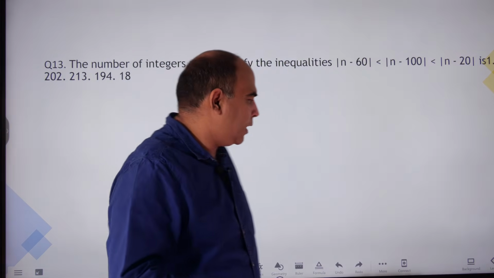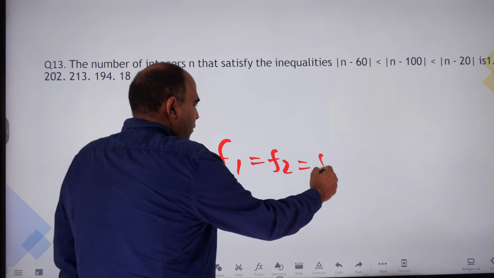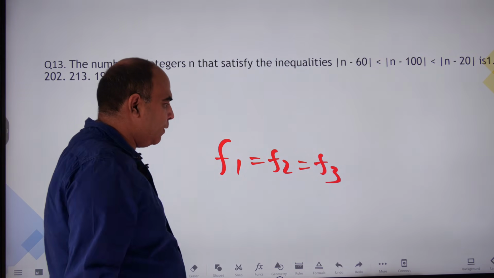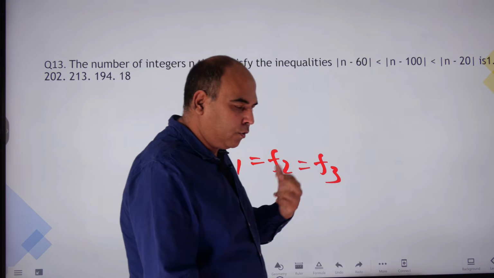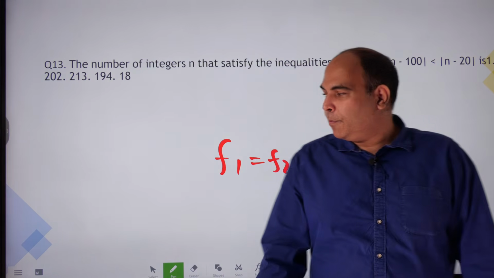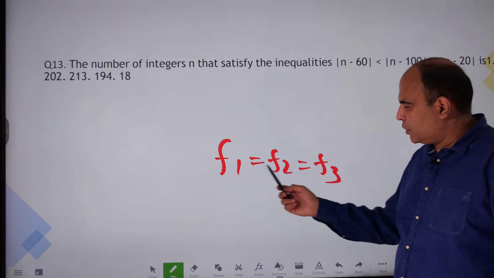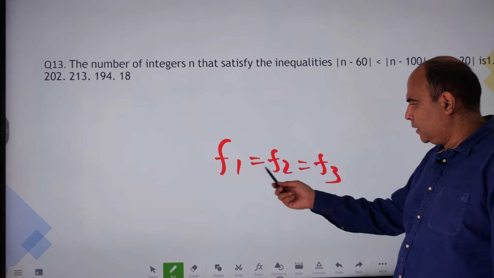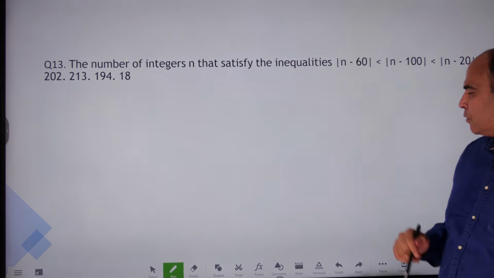Whenever you have an equation f1 is equal to f2 is equal to f3, even in an equal to situation, it means two equations are given to you. You've got two unique equations, one between f1 and f2, one between f1 and f3. And when f1's relationship is defined to f2 and with f3, then f2, f3 automatically gets defined. So this is also two inequalities you'll have to solve.